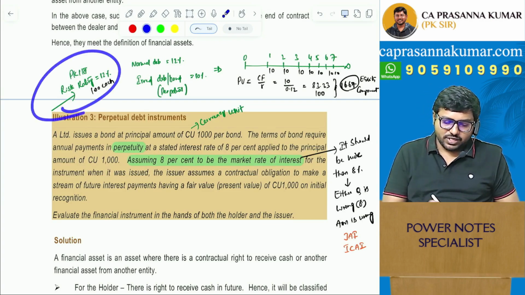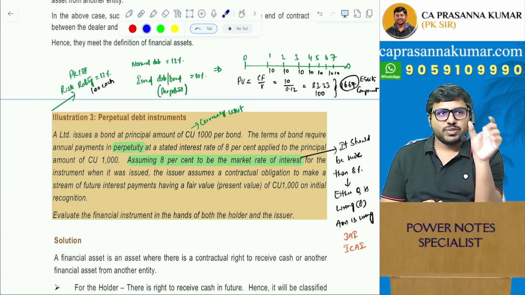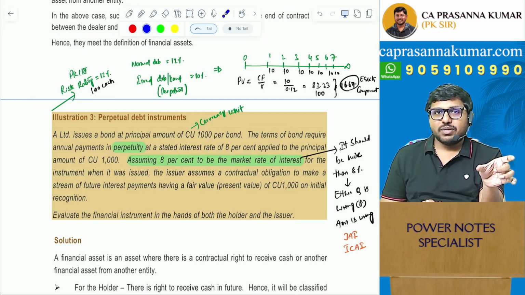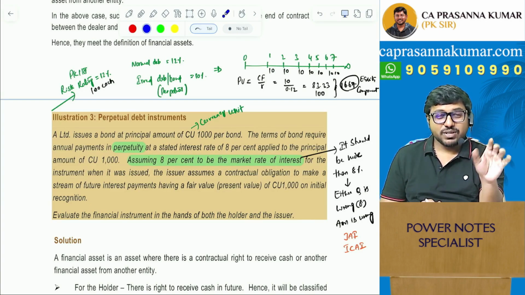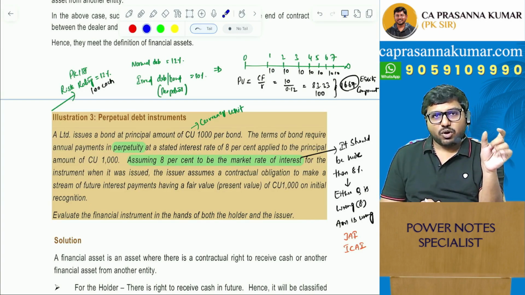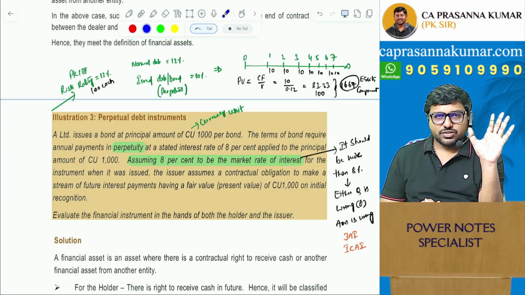Risk rating is 12%, which means for the kind of risk that your company holds, if I have to invest in a company, then I minimum expect 12%. Are you able to get it? Provided your company is issuing debentures. Got it?